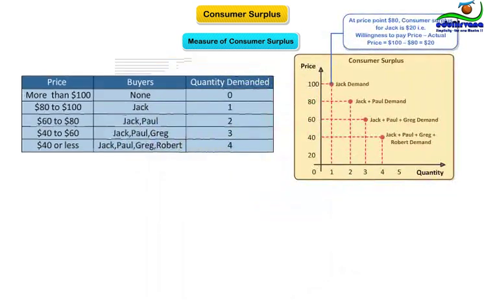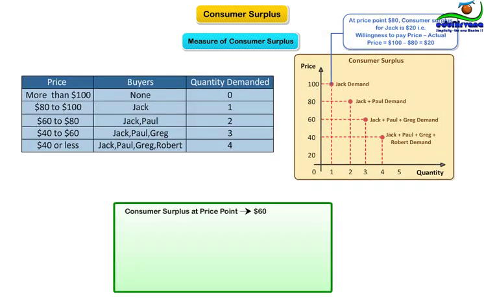Let's now find out the total consumer surplus at the price point of $60. The consumer surplus for Jack is $40. That is, willingness to pay minus actual price, which is $100 minus $60, results in $40.